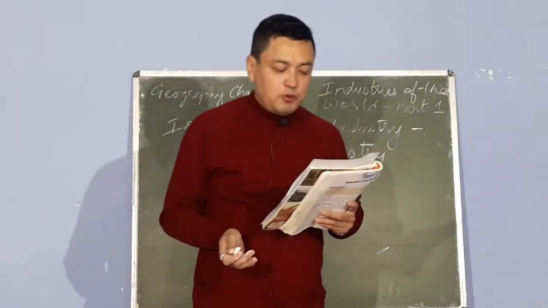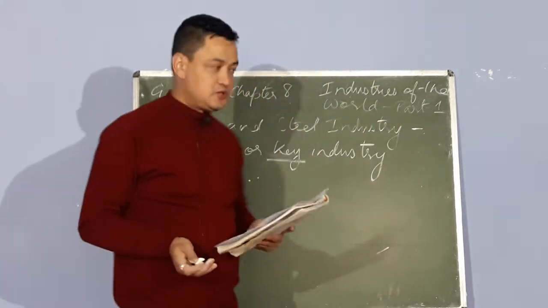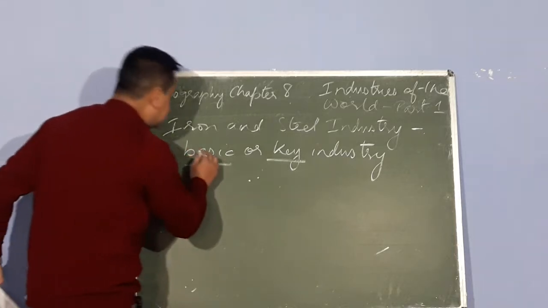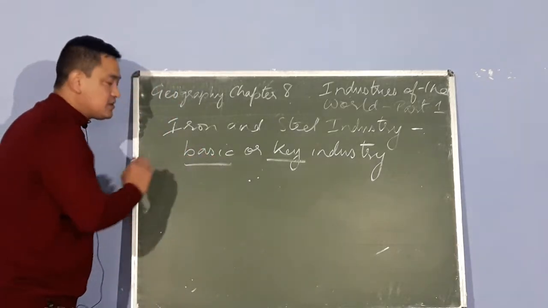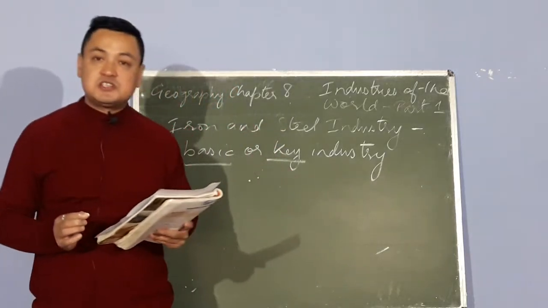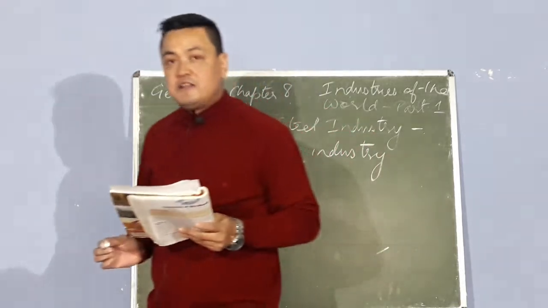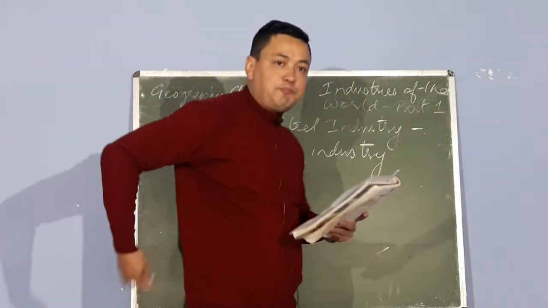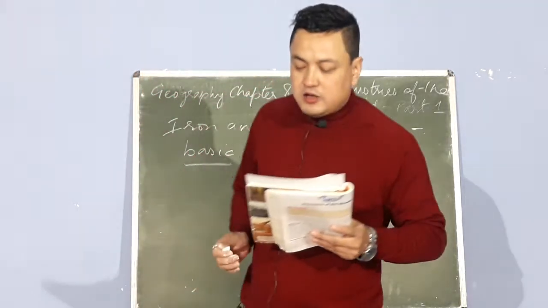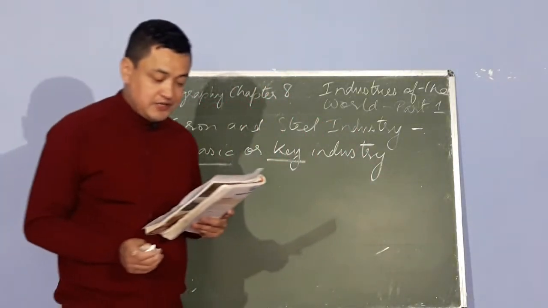It also supports all types of construction and development work. So iron and steel industry is the base industry. It is the fundamental industry which basically supports other industries. Therefore, it is called the basic industry or the key industry of modern age and forms the backbone, the support system, or the central source of support and stability for other industries.